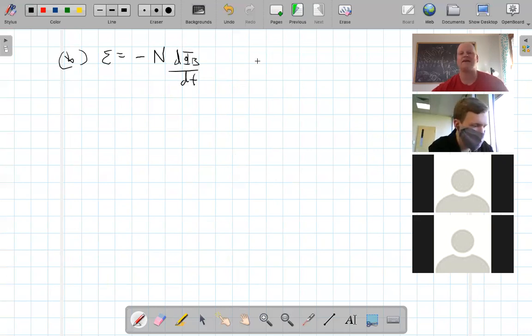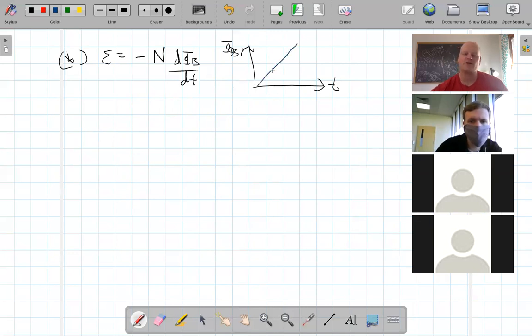So if we plotted the flux versus the time, we would get simply a straight line. That means the derivative and the slope of the straight line are exactly the same thing, since it is changing at a constant rate. So this is the same thing as minus n times the change in magnetic flux with respect to time.